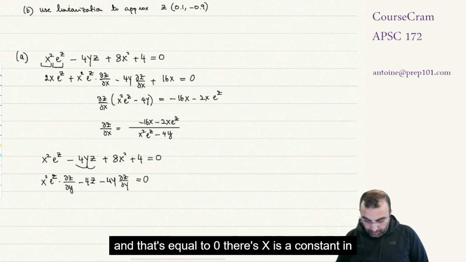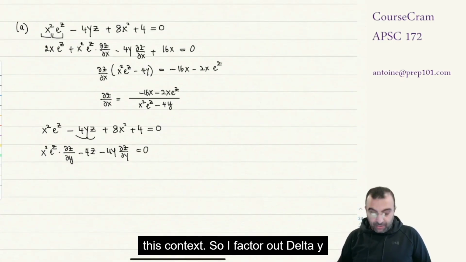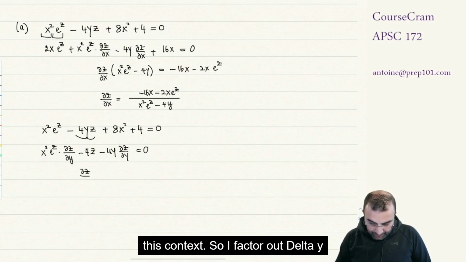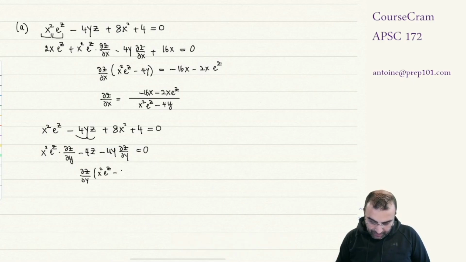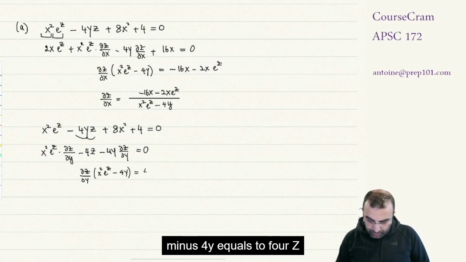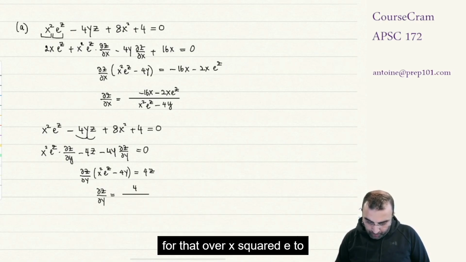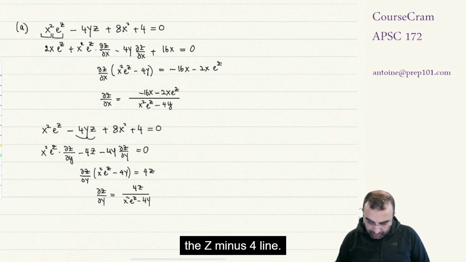And that's equal to 0 because x is a constant in this context. So I factor out del z del y. We get x squared e to the z minus 4y equals 4z. So del z del y is equal to 4z over x squared e to the z minus 4y.